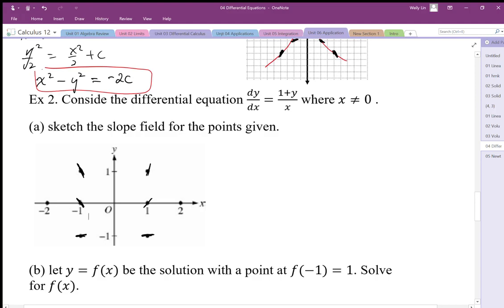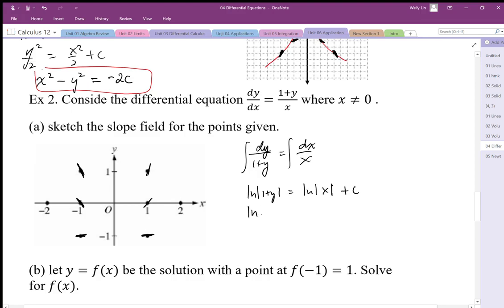Because this one is a solvable differential equation, it makes it a little bit easier. So we're going to end up with dy over 1 plus y is equal to dx over x. Integrate both sides. I want to get rid of the log, so I'm going to put the plus c inside the log.